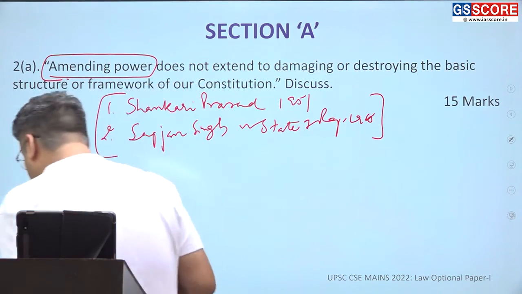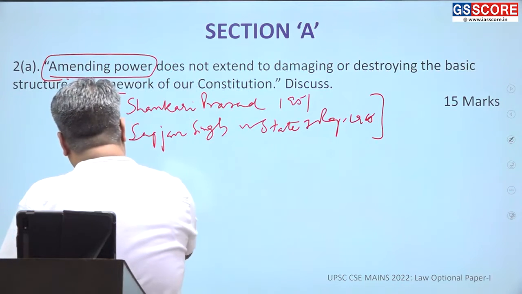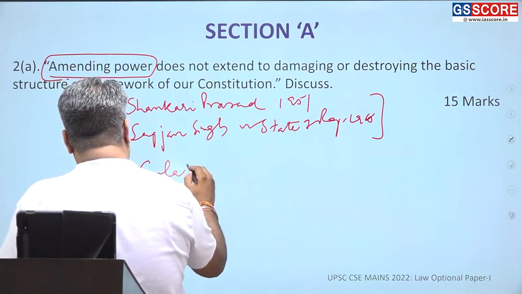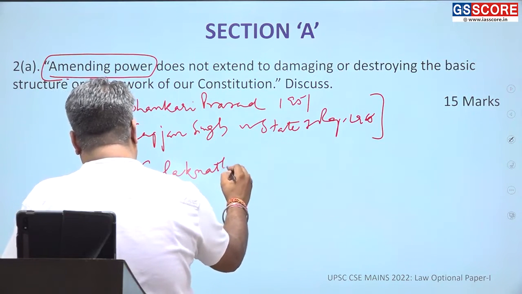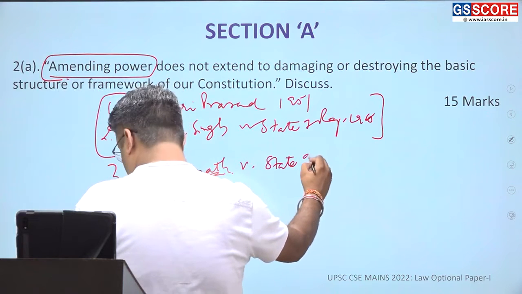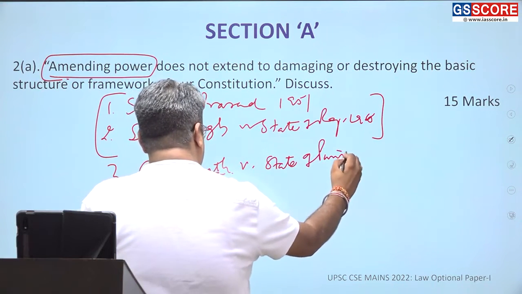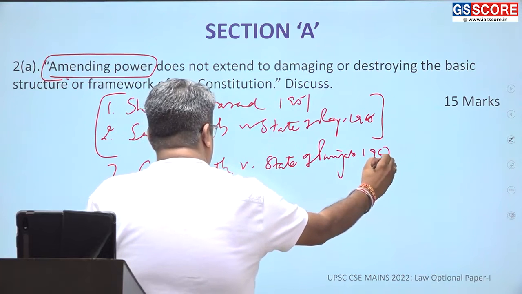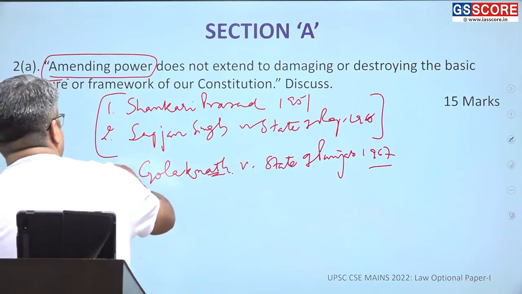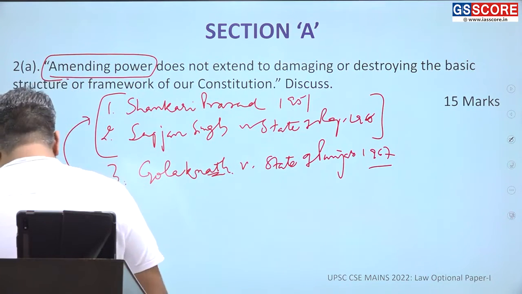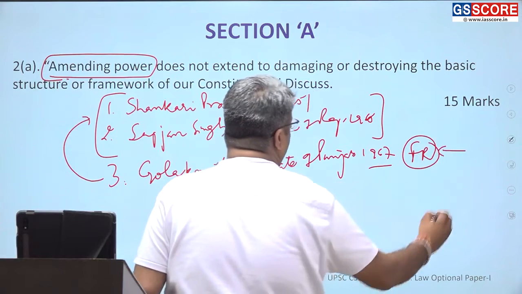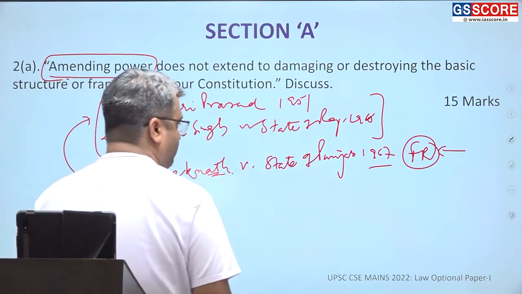In the Golaknath case, Golaknath versus State of Punjab, 1967, the Supreme Court overruled these two judgments, and they said that fundamental rights are supreme. They cannot be taken away by the Parliament.